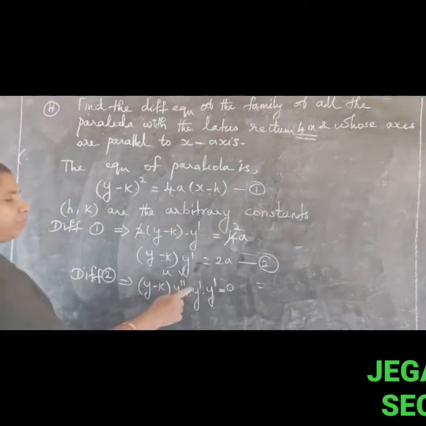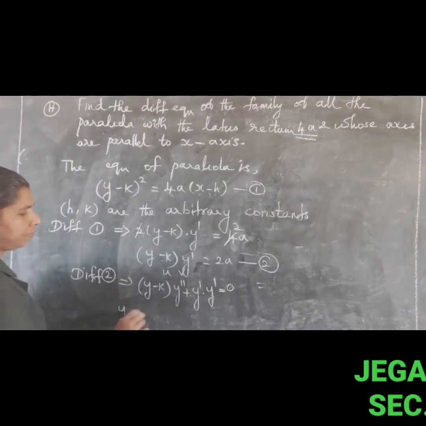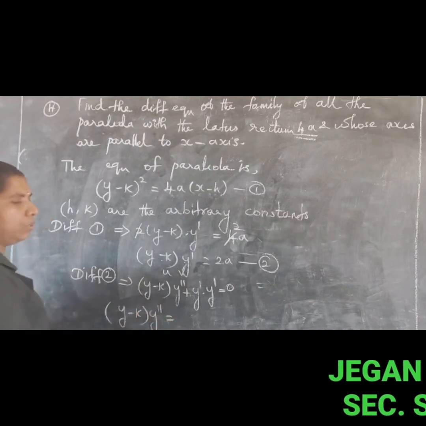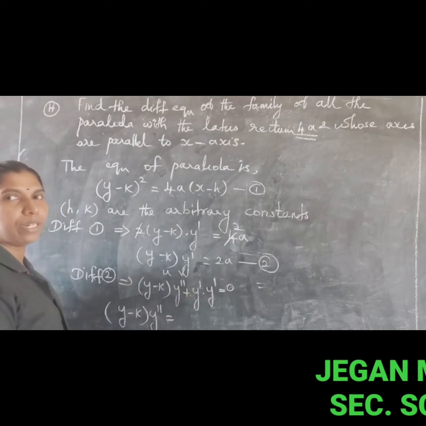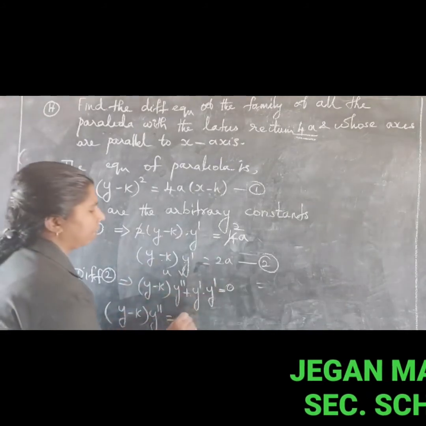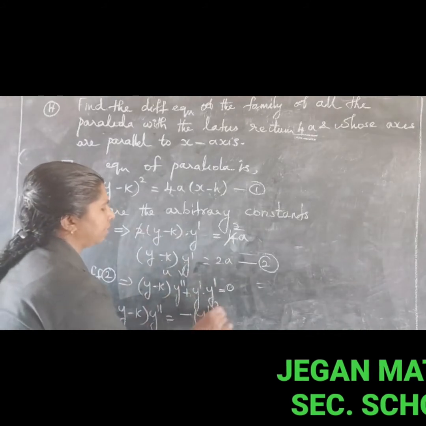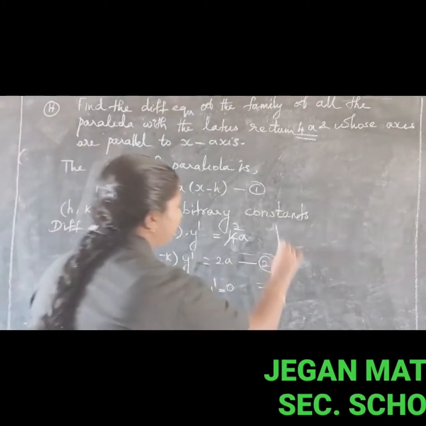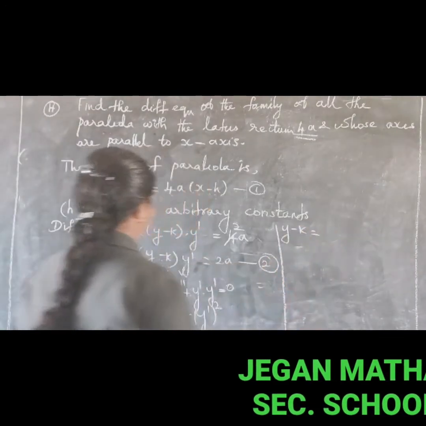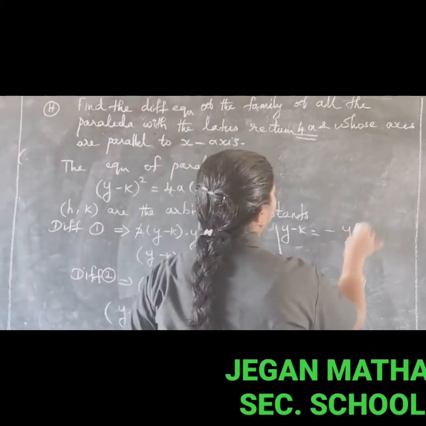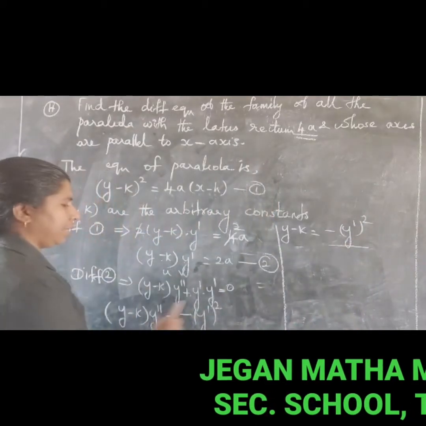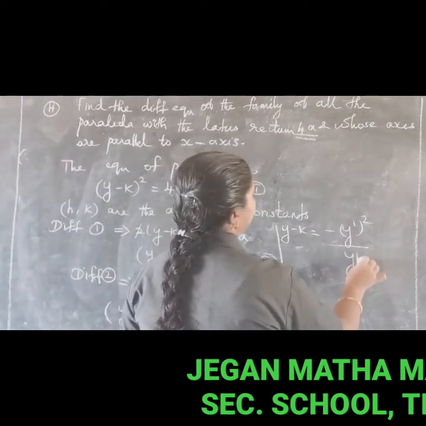Now from this you can write y minus k into y double dash equal to y dash into y dash, which gives y dash square. Since we are taking it to the right side, you can write minus y dash square. Therefore, y minus k is equal to minus y dash square divided by y double dash.